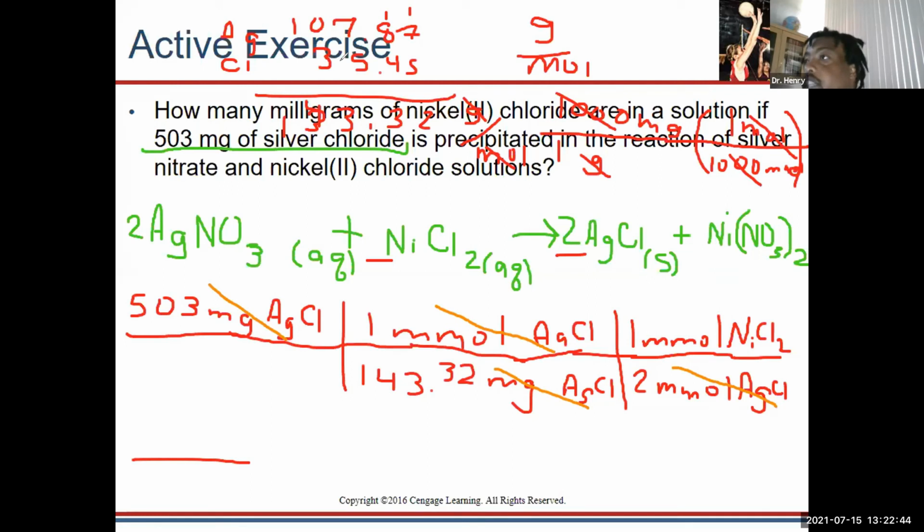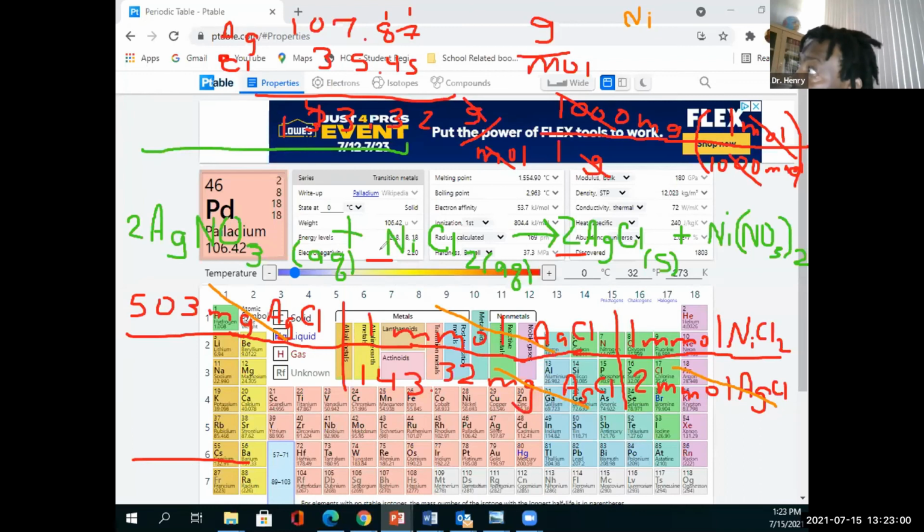So we calculate the molar mass, okay? So how do we calculate the molar mass of nickel 2 chloride? Okay, so what is the mass of nickel? Let's see, you said 58.693. So 58.693 for nickel.